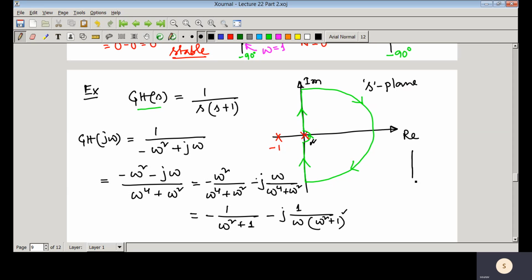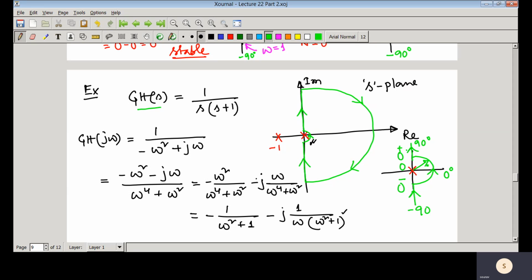That means this is that origin, and here we have discussed that this is that part going like this. So this is 0 minus and this is 0 plus, and this is the minus 90 degree axis, this is 0 degree, and this is the plus 90 degree axis. So let us see how it works.